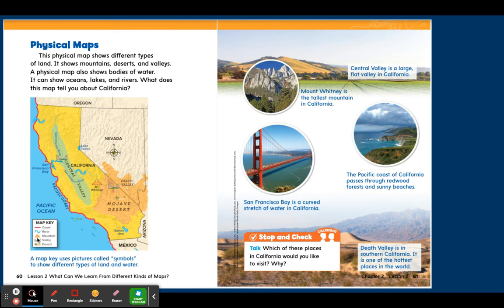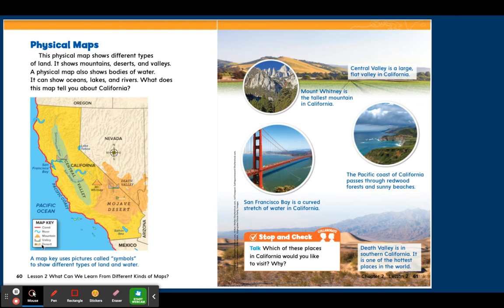Okay, now look at this one right here. This is a mountain. So go ahead and look at the map and see if you can find the mountain. If you said this one, you're right. That's a mountain. Now, this is a valley. Right here is the valley.